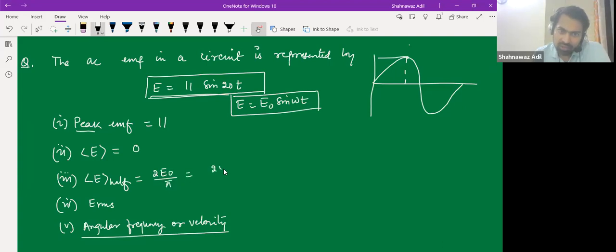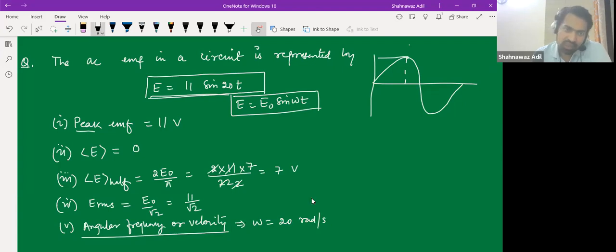So 2 E naught is 11 by pi is 22 by 7. So this is 2 and then this cancels. So we have 7 volts. E RMS is E naught by root 2, so 11 by root 2. And angular frequency omega is 20 rad per second. So please note these things down, and then we'll understand the next topic.